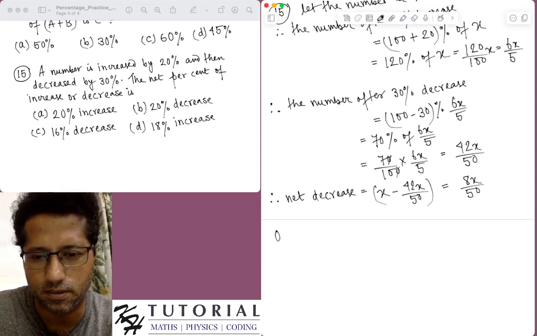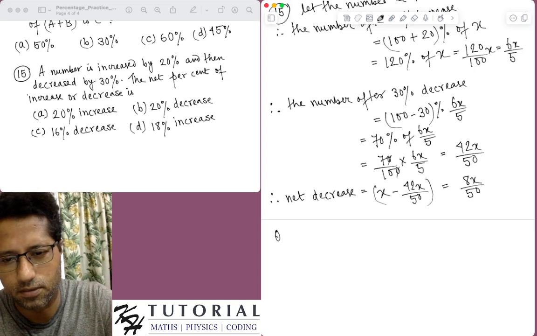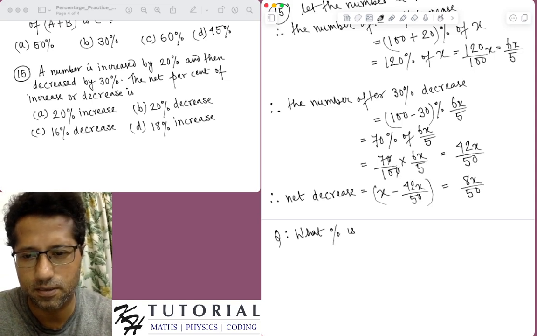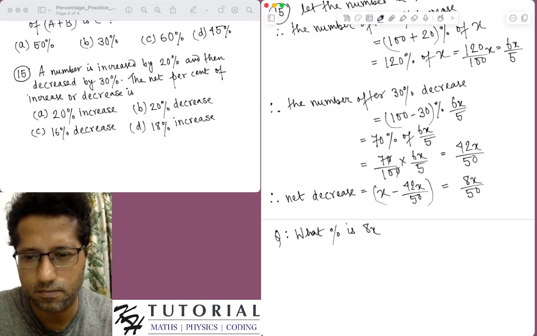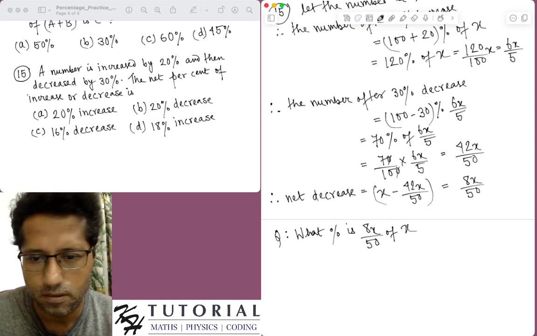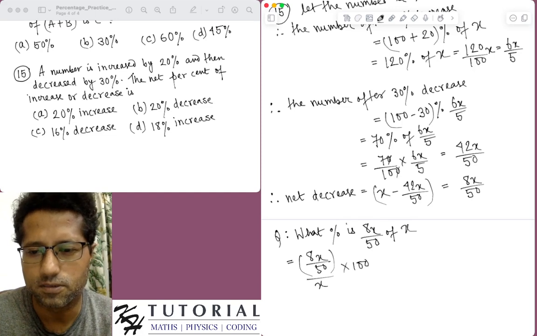So now the final question that we have to answer is, what percent is 8x by 50 of x? x was the very original number. This equals 8x by 50 divided by x into 100, this much percentage.